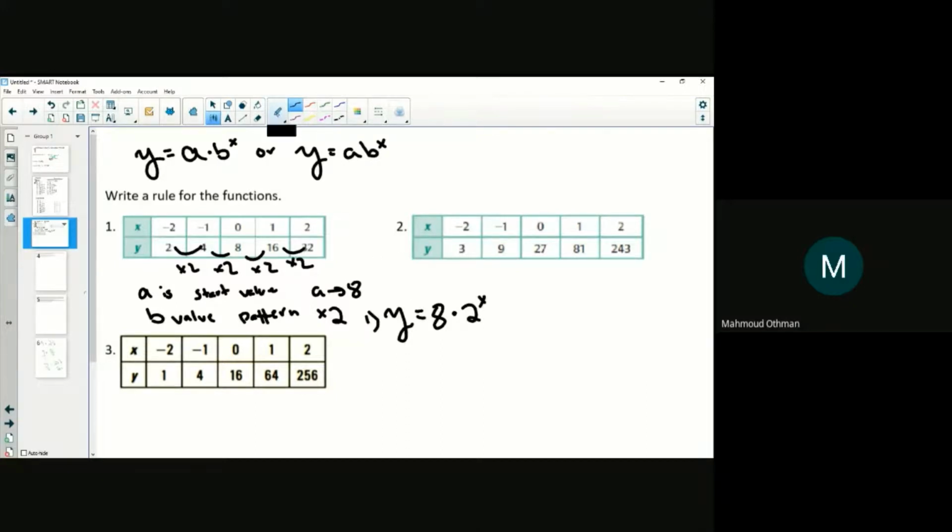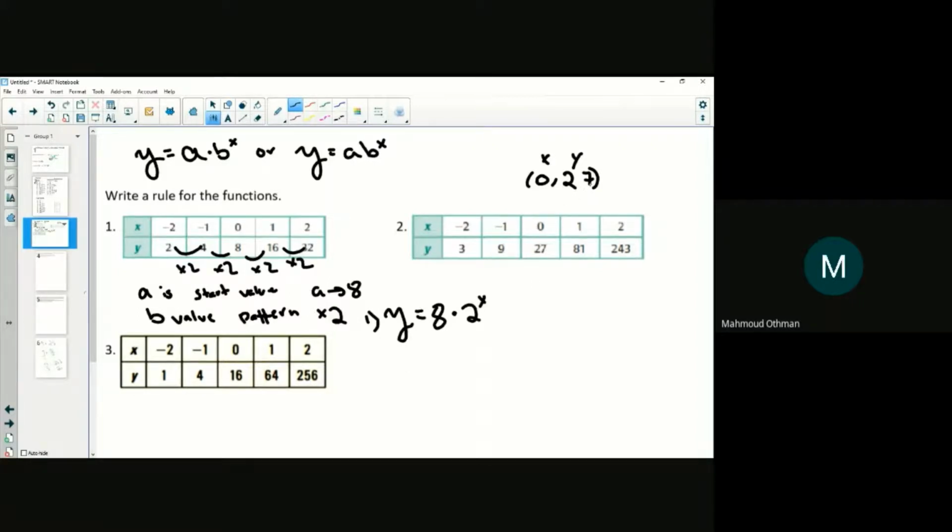Now, I'm going to move on to number 2, which is this. So first thing I'm going to look at is my starting value. So when x is 0, y is 27. So that is my starting value. That is my y-intercept.